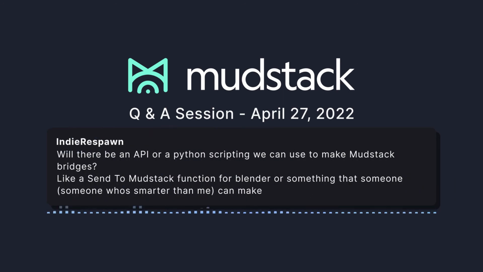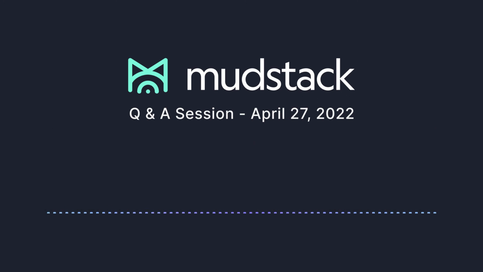Will there be an API or Python scripting we can use to make Mudstack bridges? Nachi is saying you're talking plugins. This is something we are looking into, but it'll be a little bit further down the line. There's an API part that's a lot earlier, but the Python scripting part might be a little bit later.